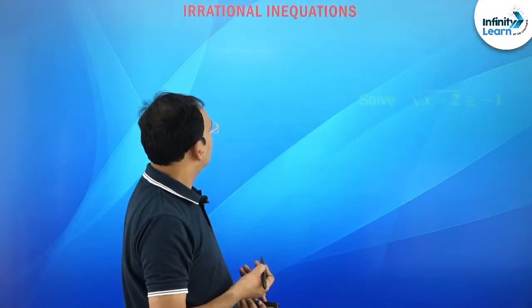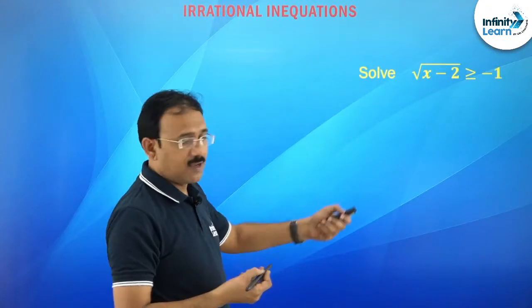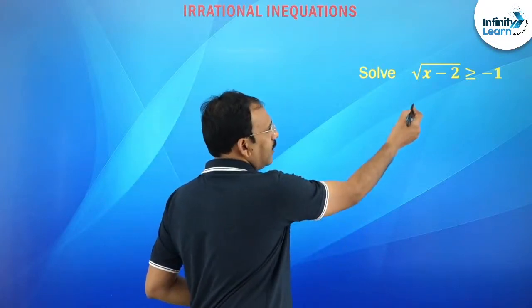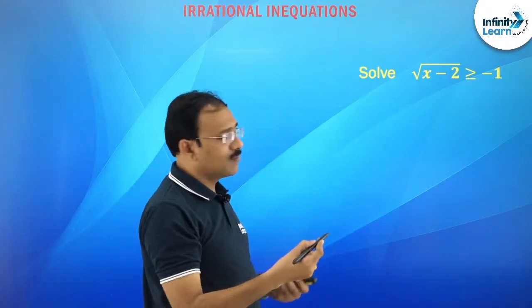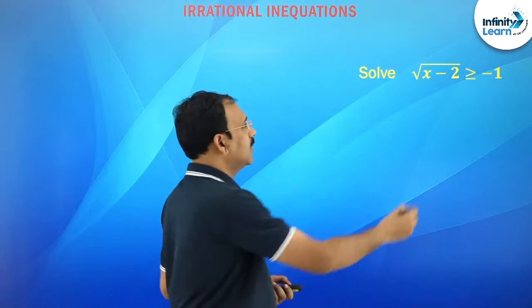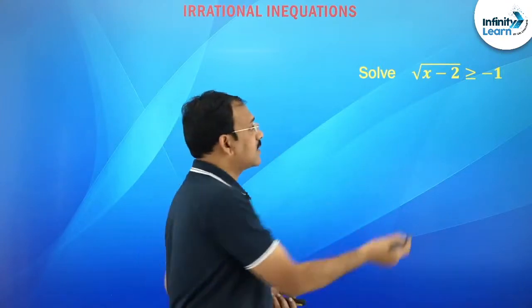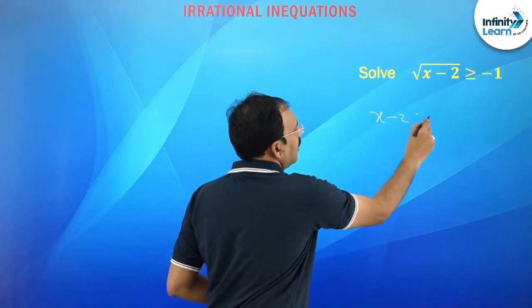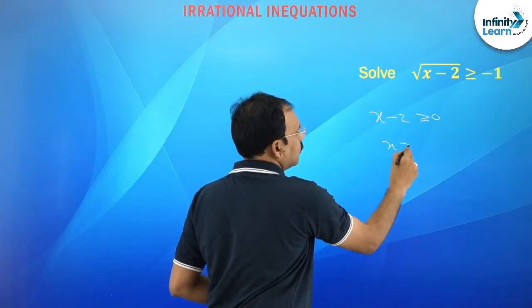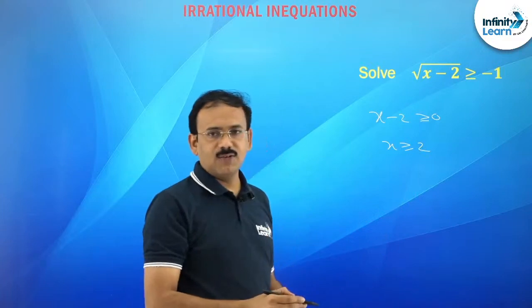So friends, even this is also the same. Many students try to square on both sides. It is absurd, because a positive quantity is greater than or equal to minus 1. Of course, always correct, but this is defined only when x minus 2 is greater than or equal to 0. So x greater than or equal to 2.